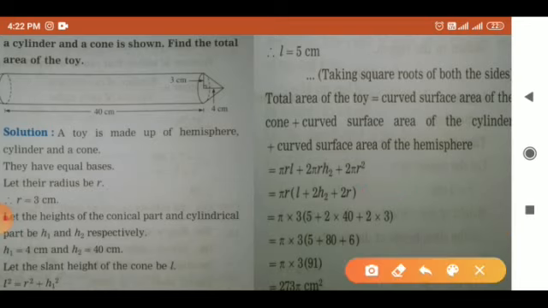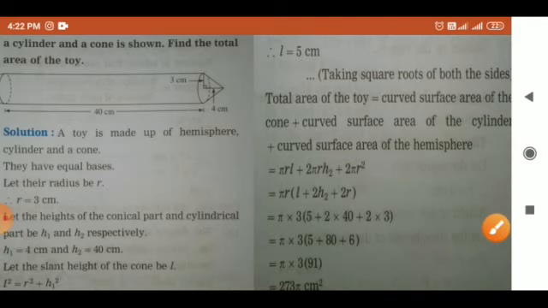So now the value of pi we are writing as it is. The value of radius is given 3. See, radius is 3, l is 5 that we have calculated, h2 is 40, and again r is 3. So after substituting all the values, we will calculate.